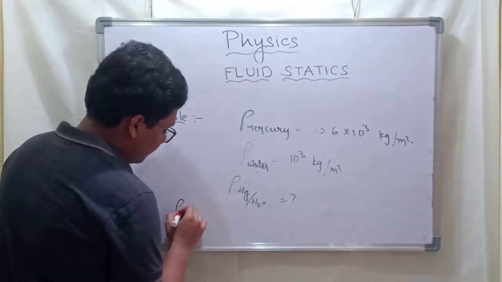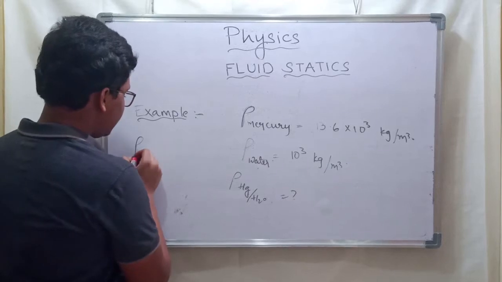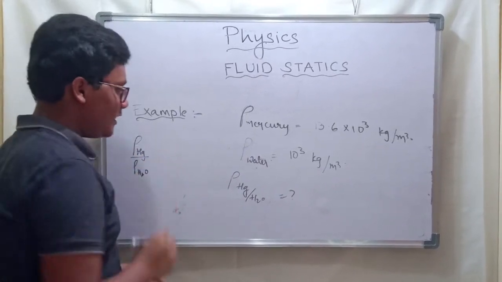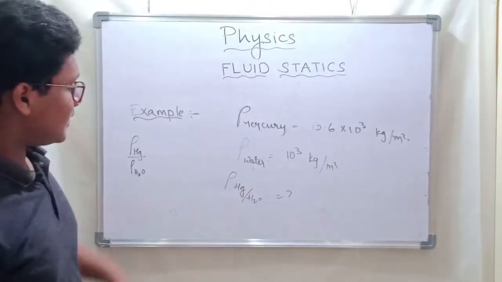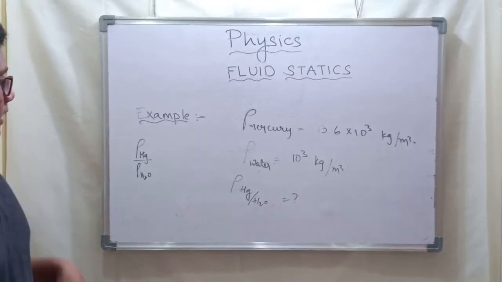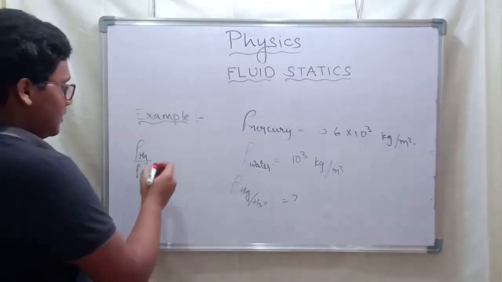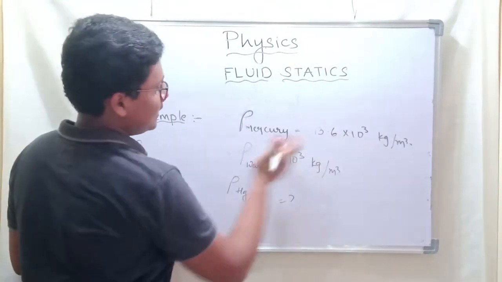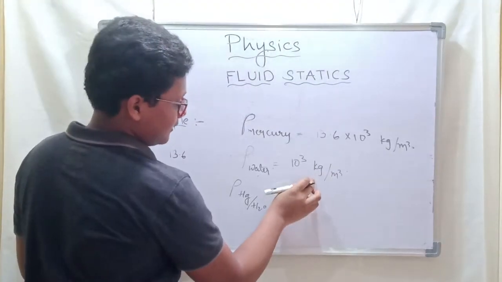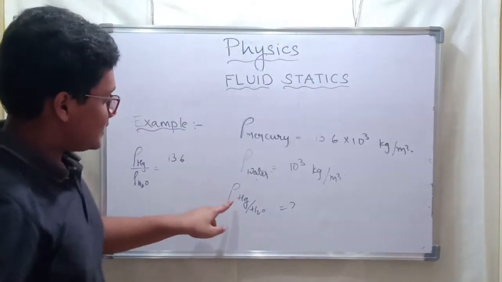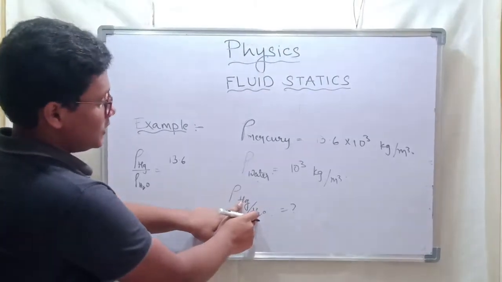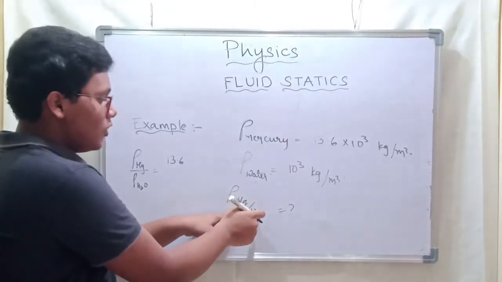It's equal to, now we know the formula: the relative density of a liquid with respect to a reference substance is equal to the density of the liquid divided by the density of the reference liquid. We can take that this is the liquid and this is the reference liquid, because he said density of mercury with respect to water.